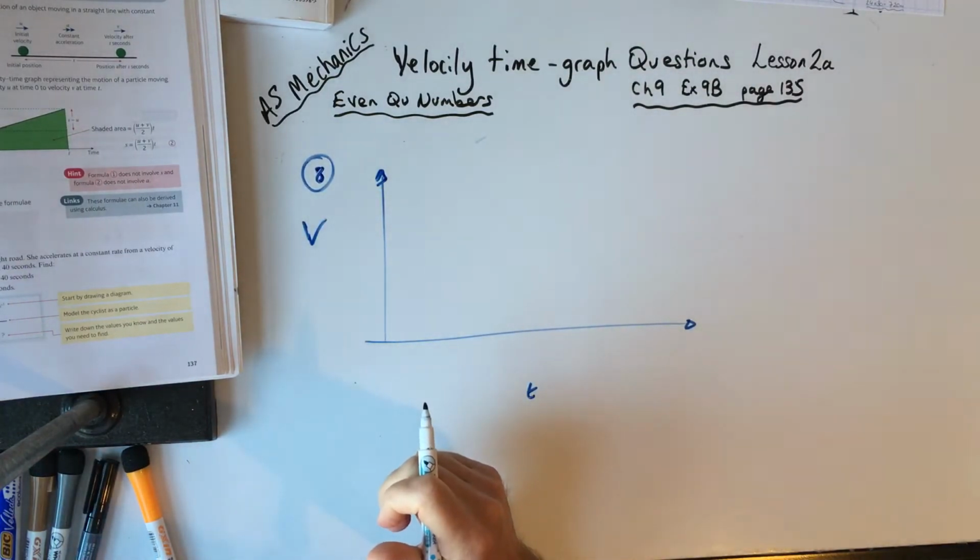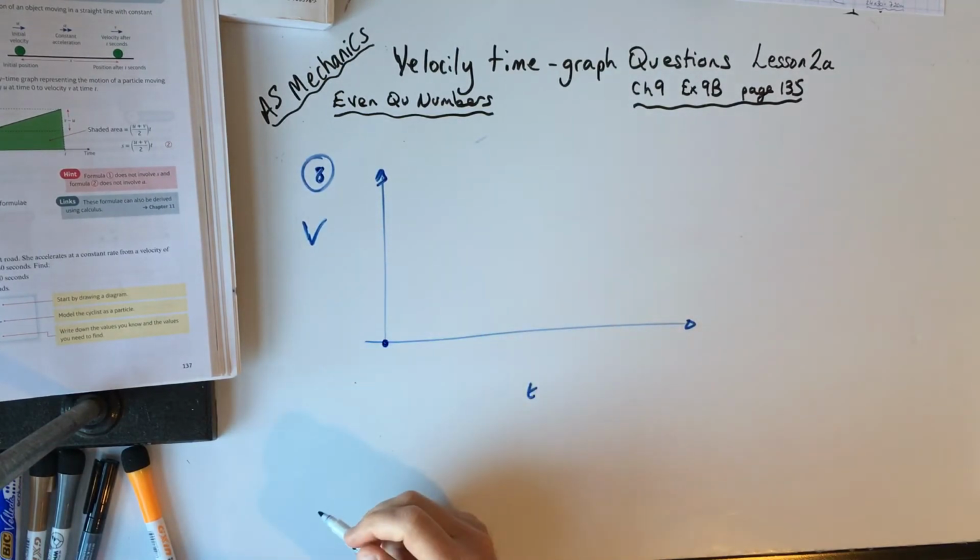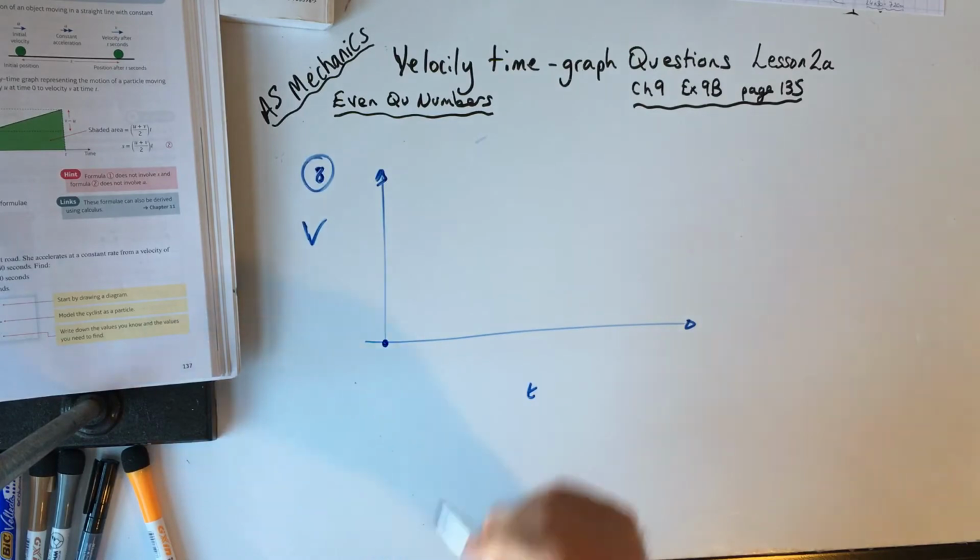A motorcycle M leaves a junction at time t is 0. She accelerates from rest at a rate of 3 meters per second squared for 8 seconds and then maintains constant velocity.